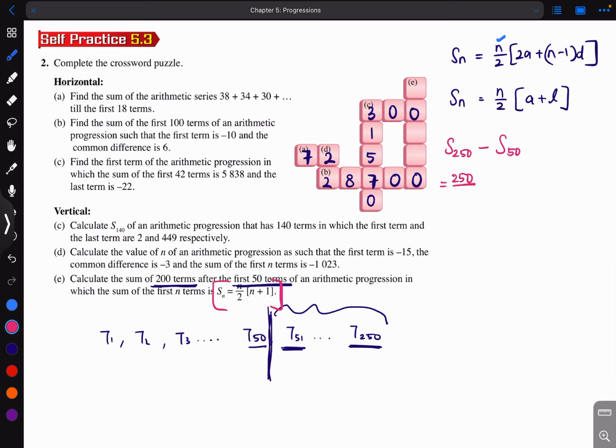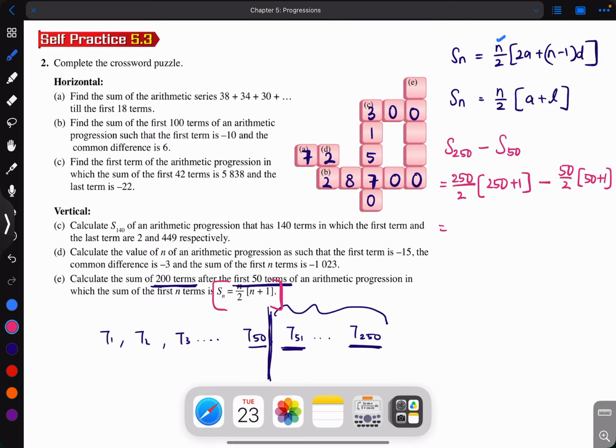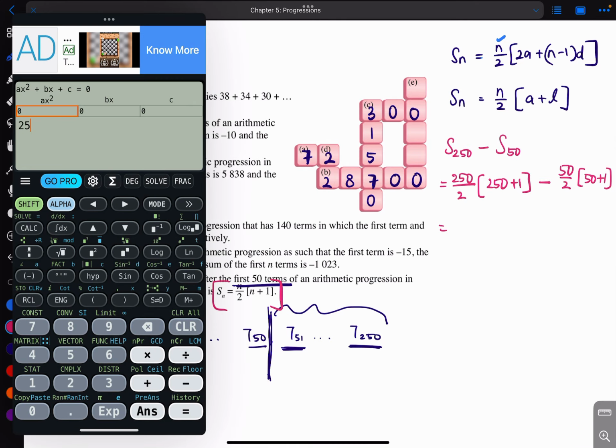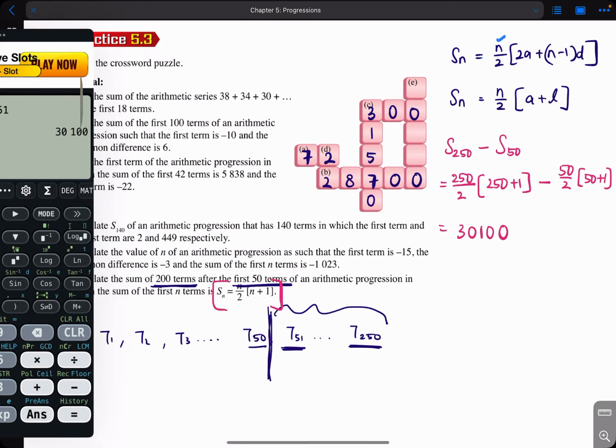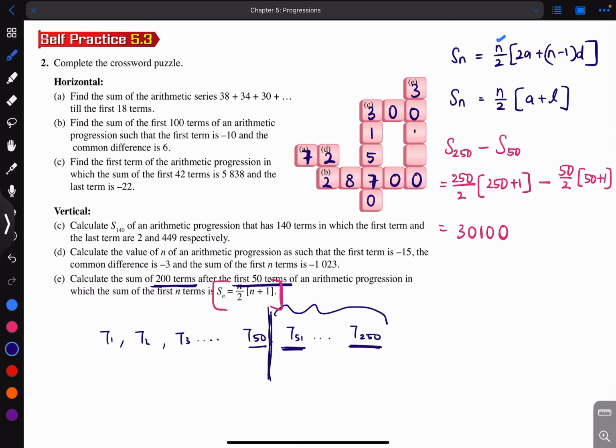So 250 over 2 times (250 plus 1) minus 50 over 2 times (50 plus 1). So 250 over 2 times 251 minus 50 over 2 times 51. So we get 30,100. So 30,100.